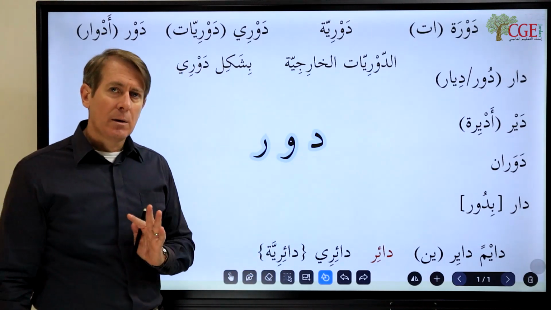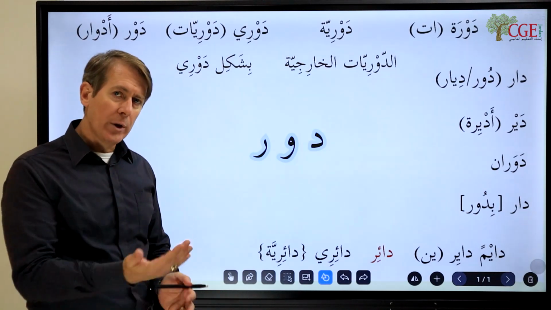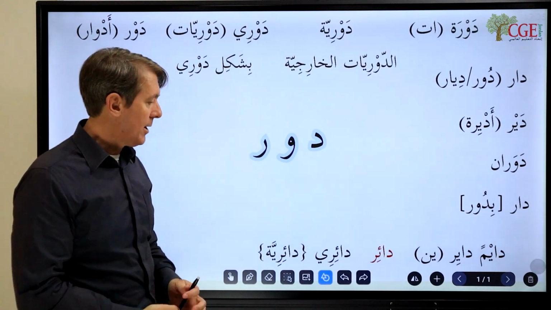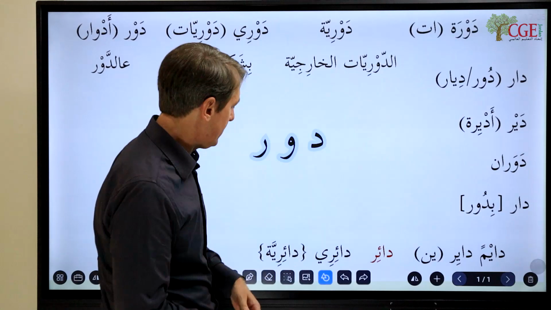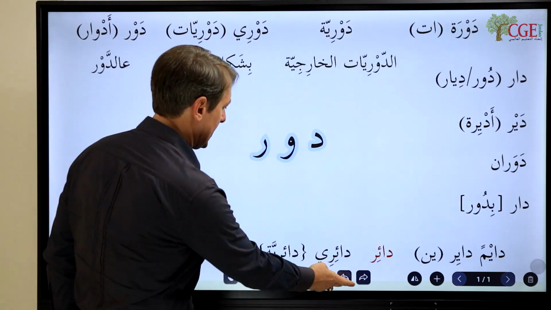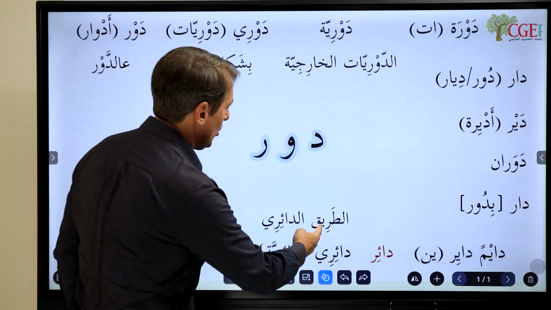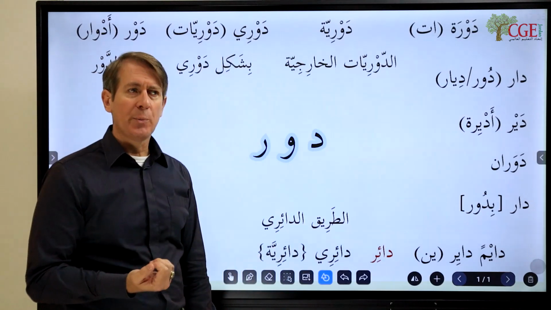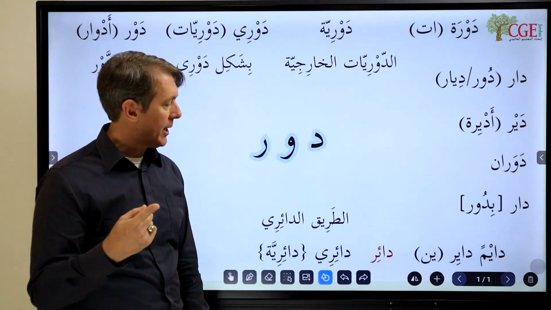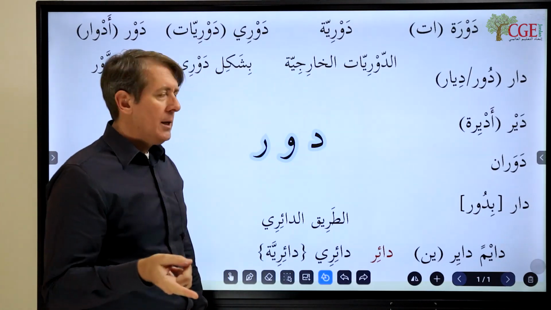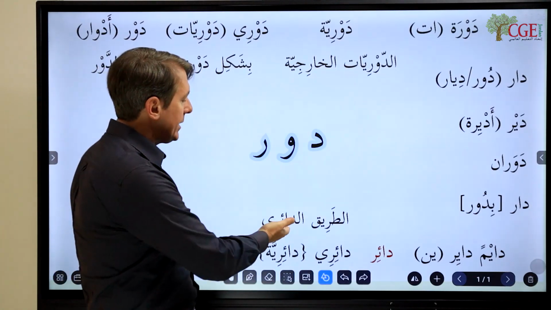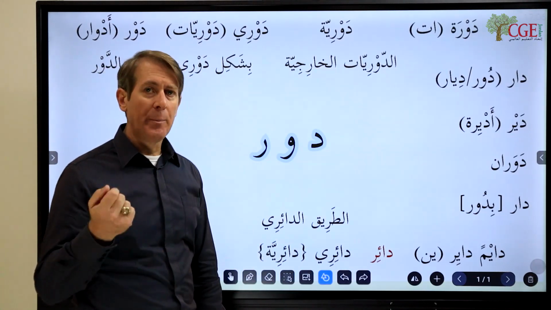Da'iriyah is of course the adjective for the mu'annaf, the female. So if you have a female word, that's where that comes in. All right, feminine word. One way we might say this, other than just simply circular, is الطريق الدائري, which means the beltway.